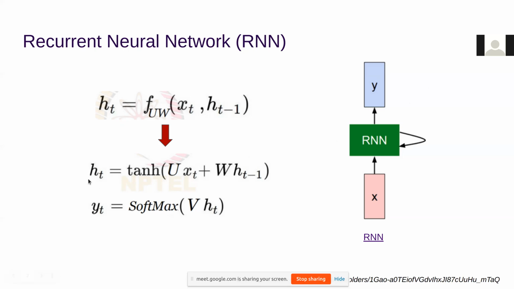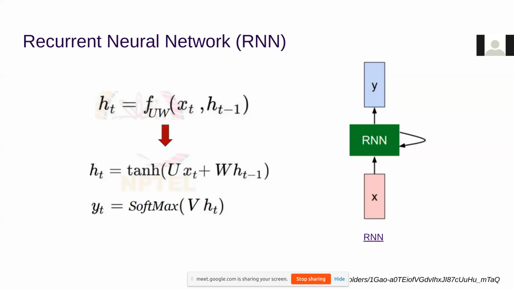This will give the hidden state at time t. And YT, that is the predicted probabilities, will be a function of this HT. Softmax is being applied just to get the probability here, so softmax of V times HT. So this HT is connected to another fully connected layer, on top of which we apply the softmax function.